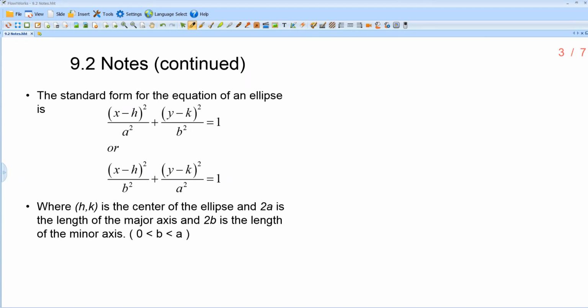Now notice the only thing that's really happening here is the a and the b are switching locations. That, however, tells us the shape of this ellipse. So you might be thinking like a parabola, we had two different equations because it was either going to go up, down, or left, right. But you have the same thing with the ellipse as well.